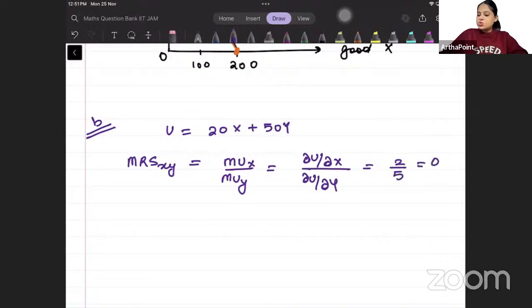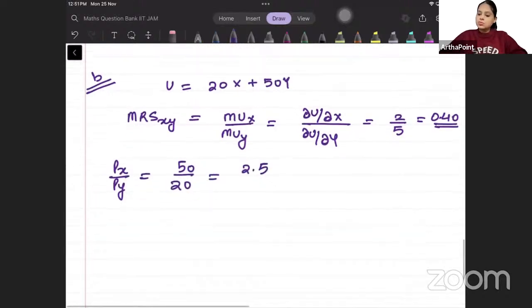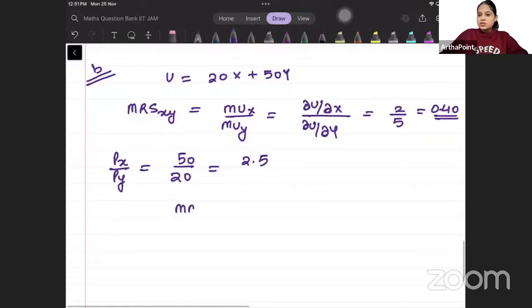So MRS is 2 by 5, that means 0.40. And PX by PY is 50 by 20, which means 2.5. So your MRS is less than PX by PY.